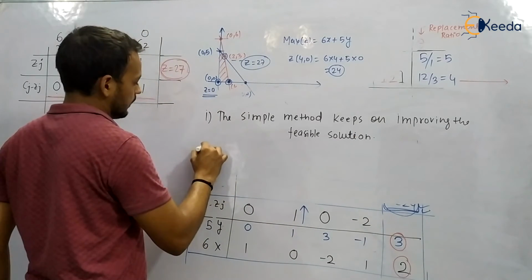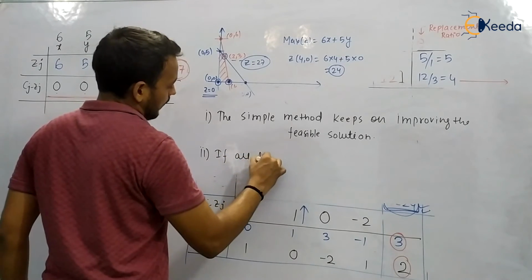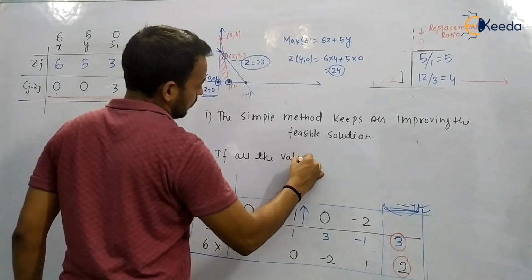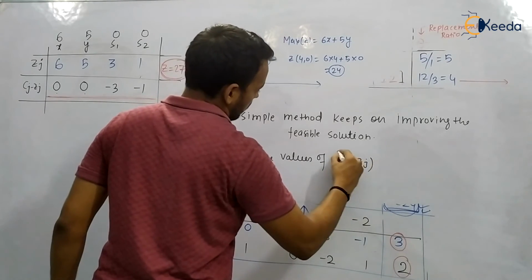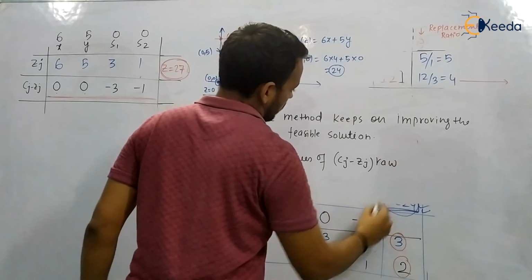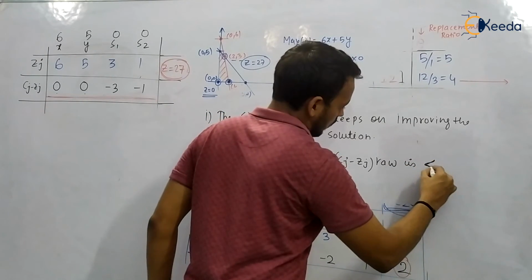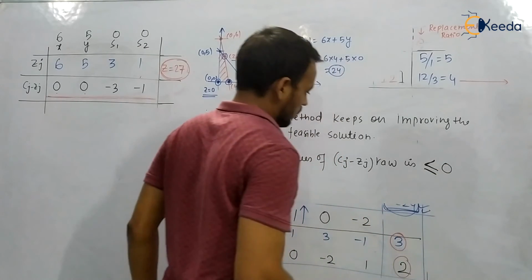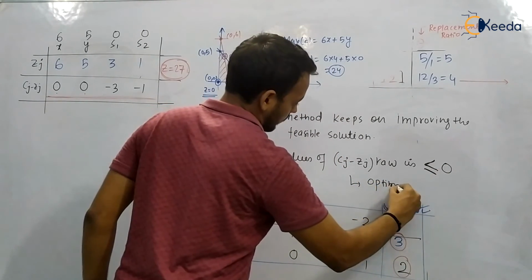And the second point is that if all the values of Cj minus Zj are either less than 0 or equal to 0, then optimality is achieved.